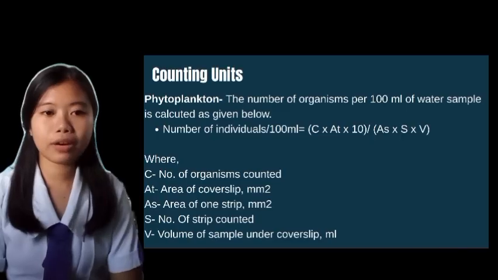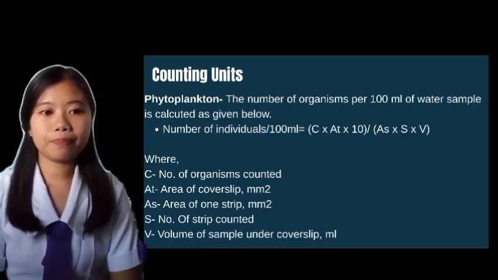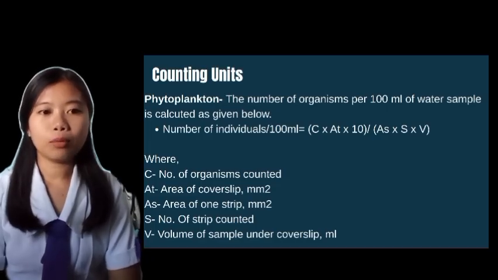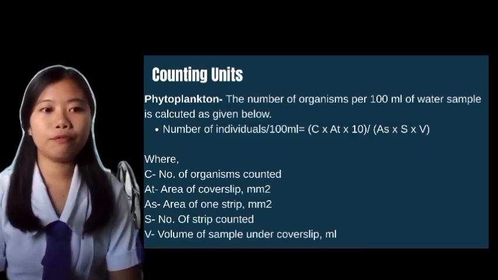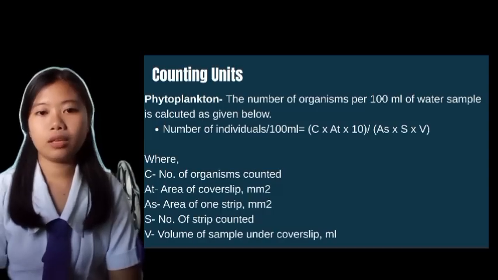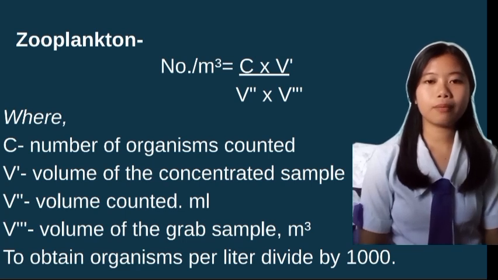And it is divided by AS, the area of one strip in millimeters squared, multiplied by S, which stands for number of strips counted, and multiplied by V, which stands for volume of sample under cover slip in milliliters.